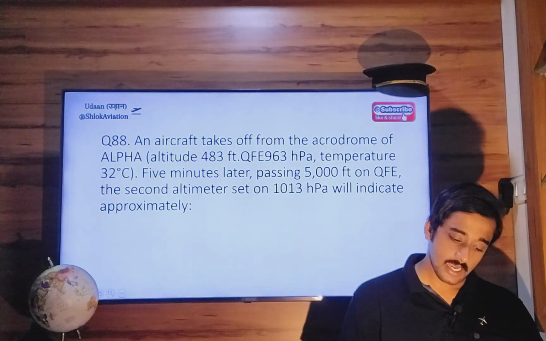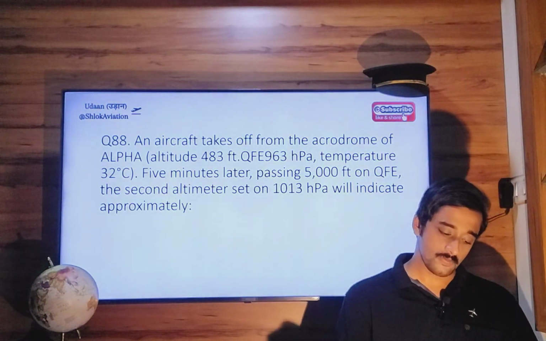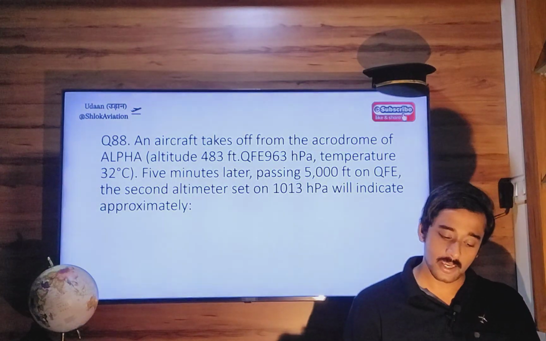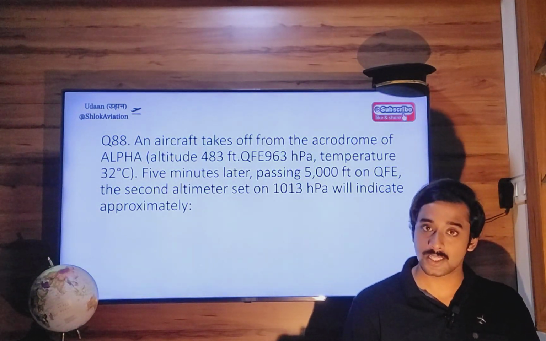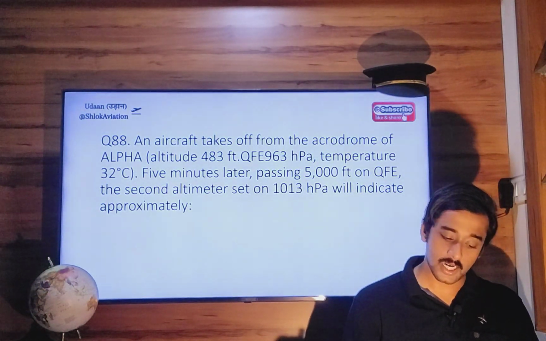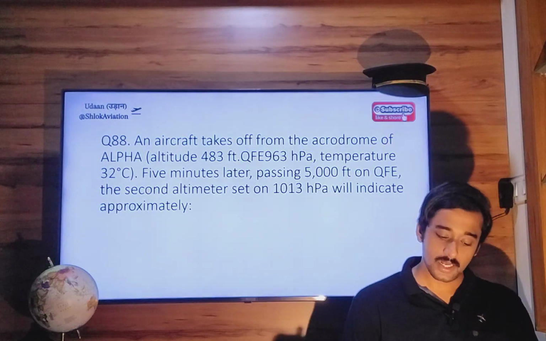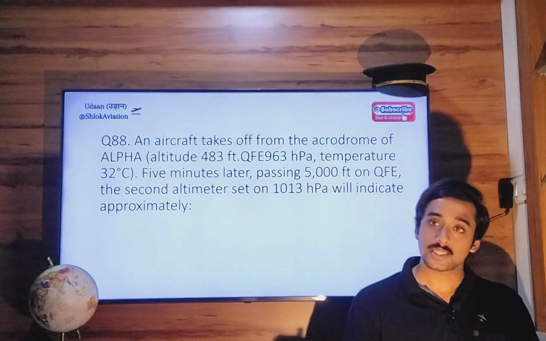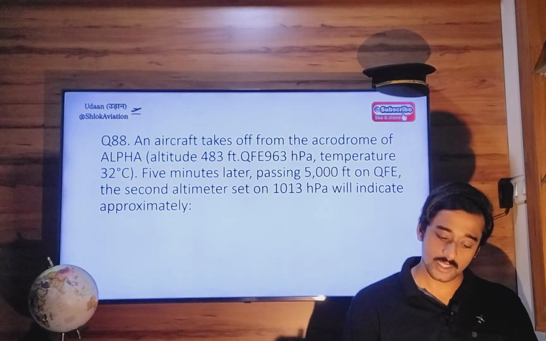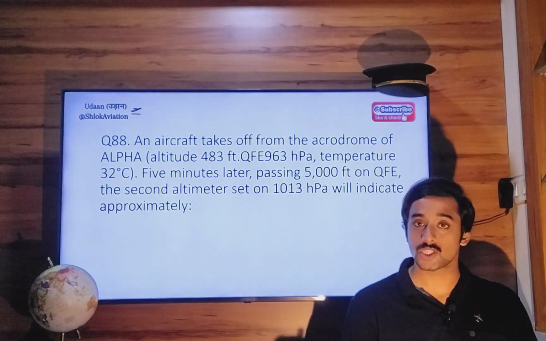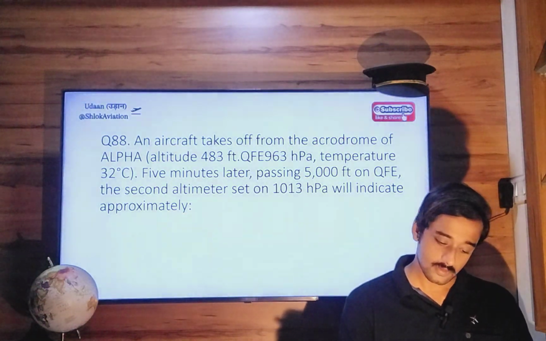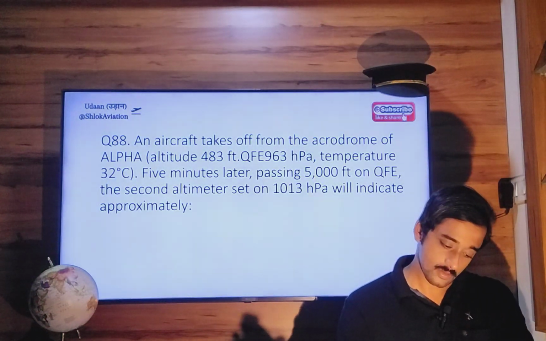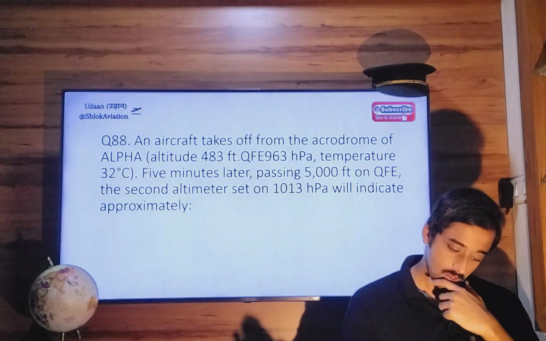88. Aircraft takes off from an aerodrome called Alpha, whose altitude is 483 feet, QFE is 963 millibars, temperature 32 degrees Celsius. 5 minutes later, passing 5000 feet on QFE, the second altimeter set on 1013 will indicate approximately what?